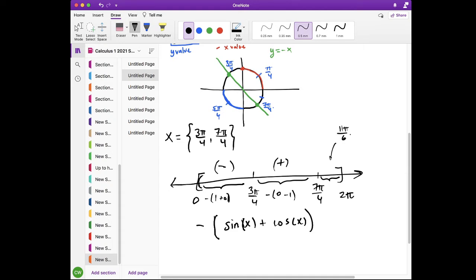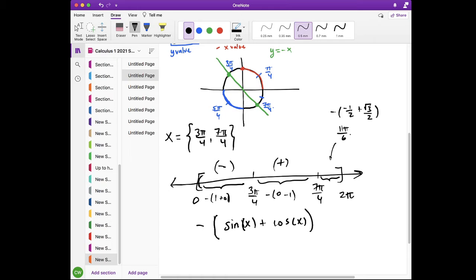So sine of 11 pi over 6 is what? Do you remember? If you kind of look at it, you can kind of figure it out or guess. What do you think it is? Yeah, negative 1/2. And then what is cosine of 11 pi over 6? Yeah, root 3 over 2.